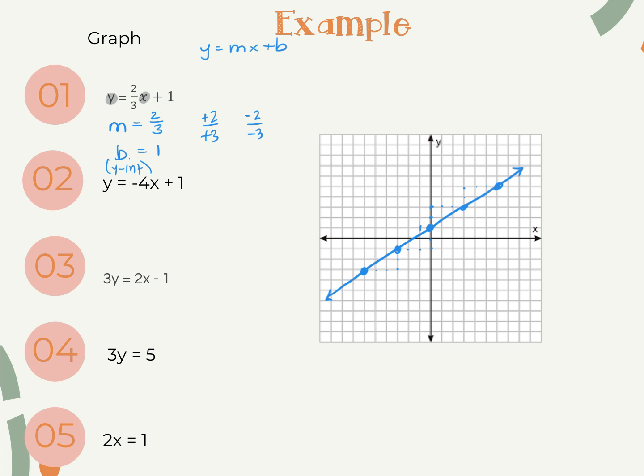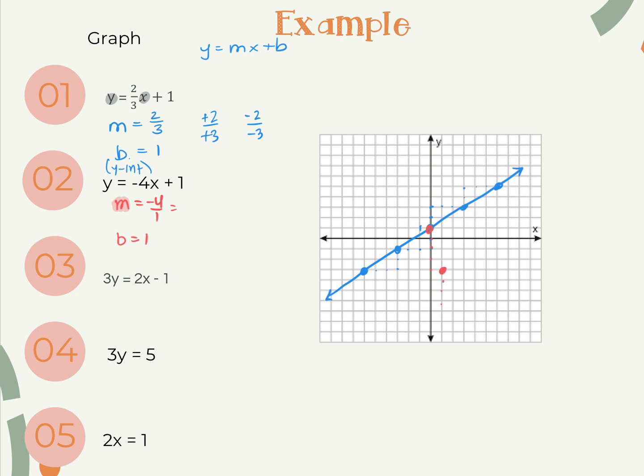So let's go to the next one. We see that our m value equals -4, which is the same as -4 over 1, and our b, or our y-intercept, is positive 1. So again, I'm going to start at 1, but now I know my slope is -4 over 1. So my rise is down 4, and my run is 1 to the right.